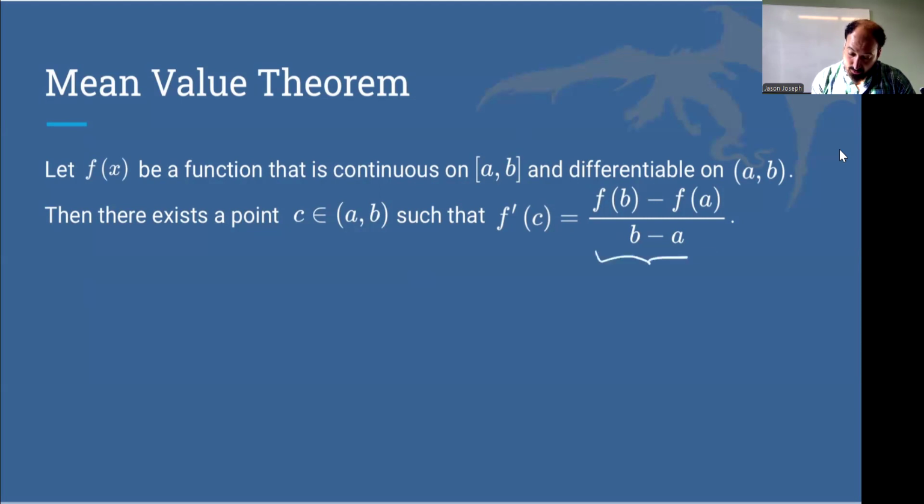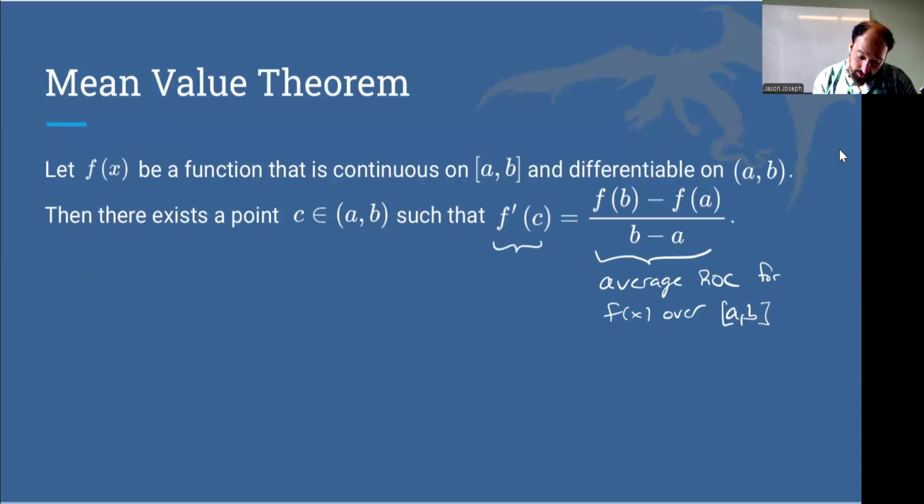This fraction on the right here, this is the average rate of change for our function over the interval AB.